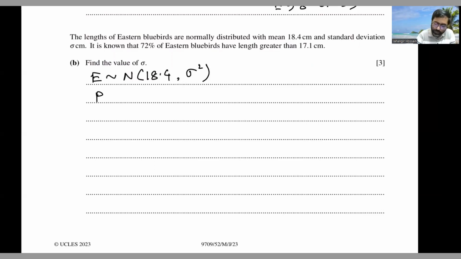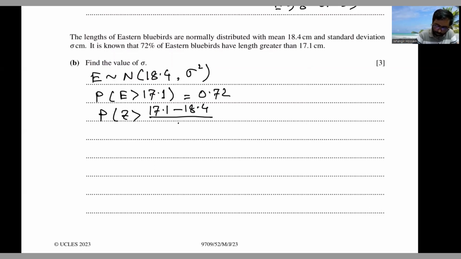Now we know that the probability the length is greater than 17.1 is 72%, 0.72. So first you need to convert it into Z. Z greater than (17.1 minus 18.4) by sigma is 0.72. So we have a negative here.